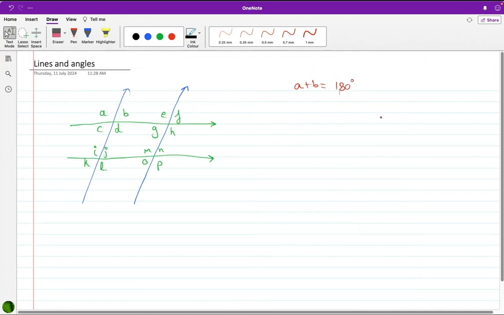This is just to communicate. May I call them supplementary? All right. May I call them adjacent angles on a straight line?